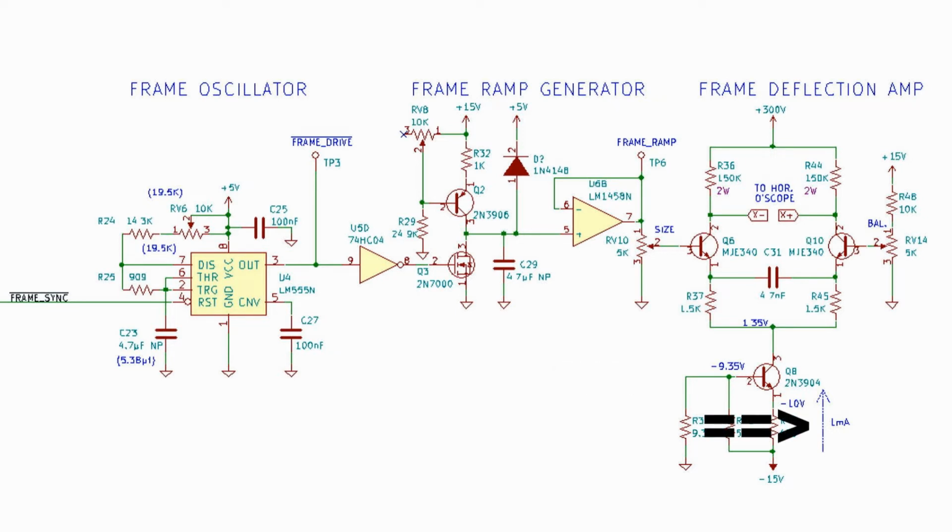This 1 milliamp goes from the -15 volts through the current source up to the point that says 1.35 volts, where it splits in two.